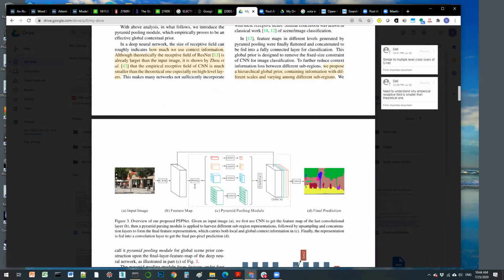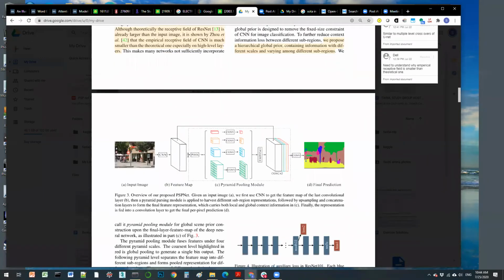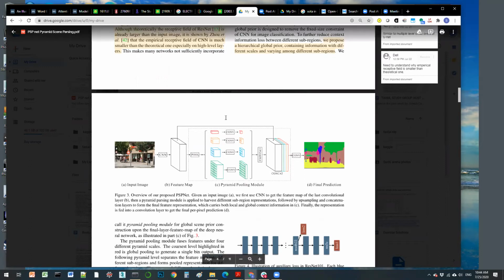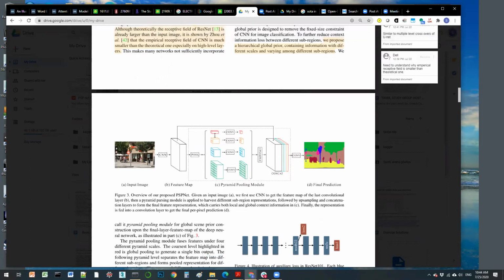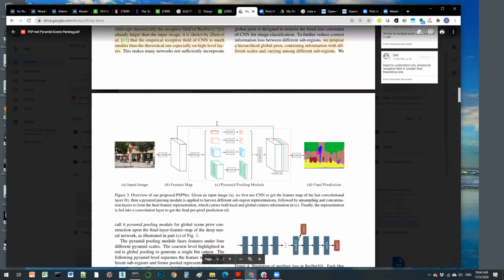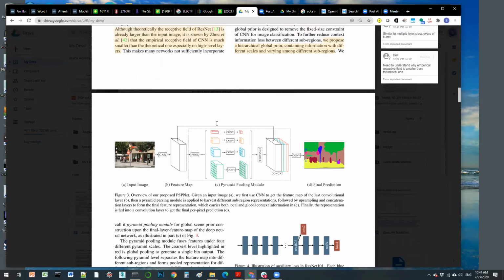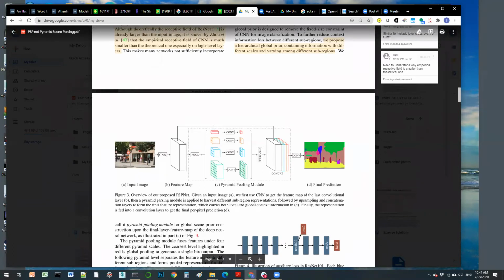Then what you do is you take it through a convolution, and this pyramid pooling concept is you take 4 scales. In this case, n is 4, but you don't have to stick with 4, you can choose 6, 8, or other numbers, I believe.